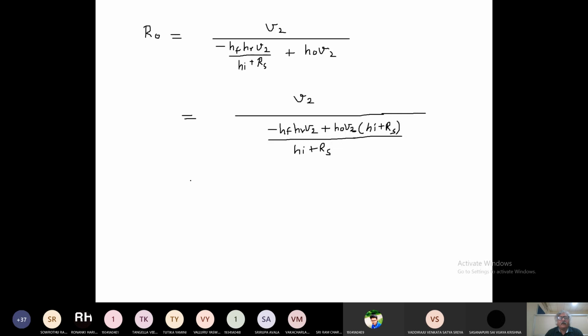Now whatever is in the denominator, this HI plus RS, I will bring to the numerator with V2.